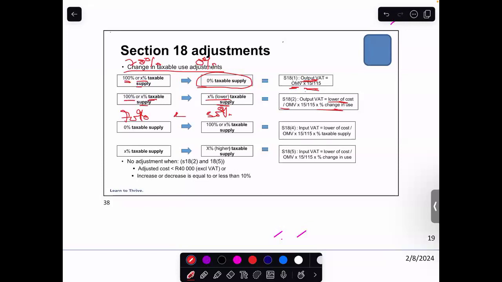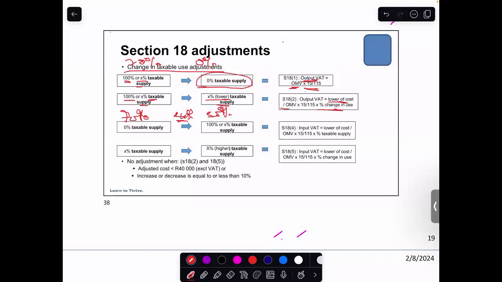So we say 40%, we'll say lower of cost or market value times 15 over 115 times 40%. That is, if you are moving from a higher percentage to a lower percentage.